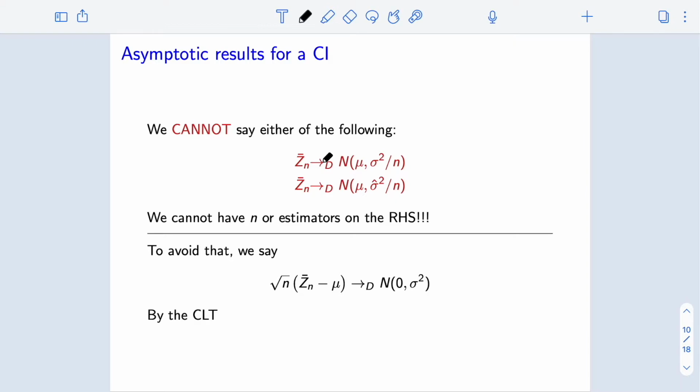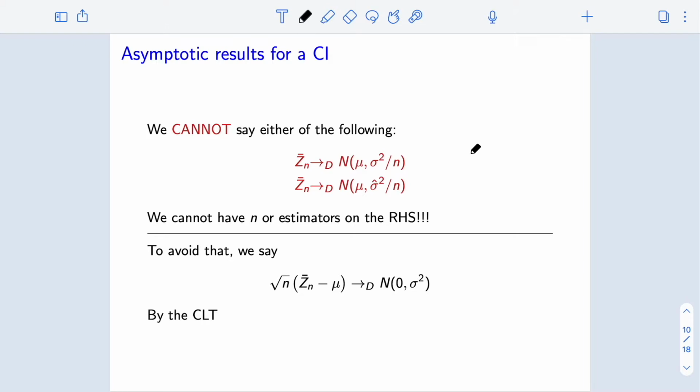So why can't we say that we have this convergence in distribution? When we talk about convergence in distribution, the thing on the right-hand side, first of all, has to be a fixed distribution. This is not. This depends on n. And as n gets large, this actually converges to a point mass at mu. So again, this statement doesn't really have meaning because the right-hand side is not a fixed distribution.